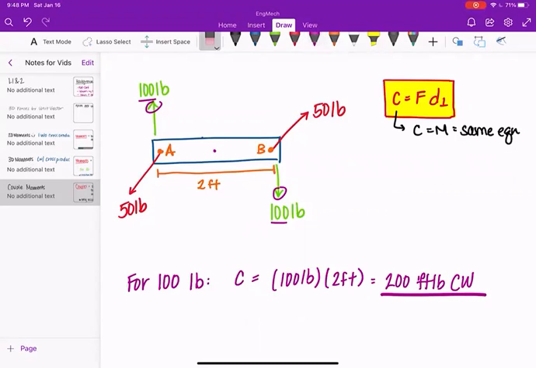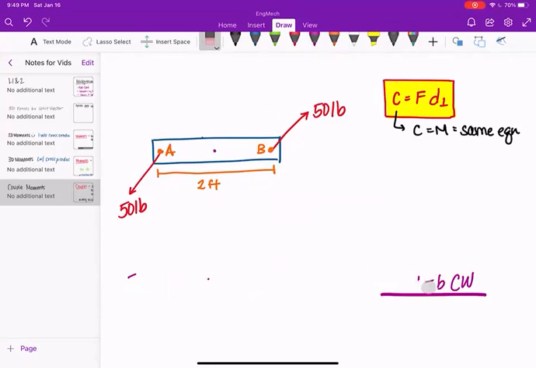But let's take a look. I'm going to try to erase the entire 100 example actually. Okay, so let's look just at the 50-pound one. And maybe I'm going to erase this part too. Sorry.